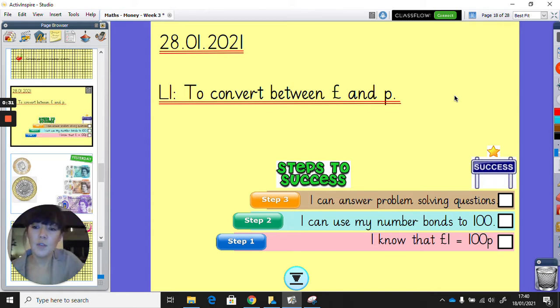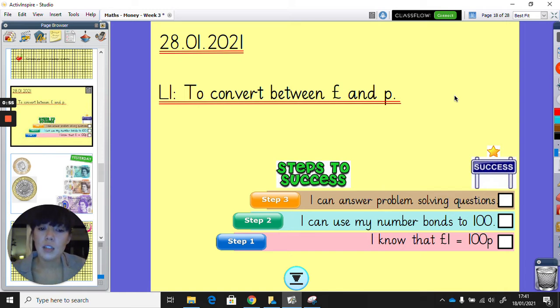The first thing you could do is pause the video and write the LI and the date, and then we'll get started. Step 1: you know that £1 equals 100p. This might be something you learnt previously, maybe last year, or something you just know, or you've learned it today.